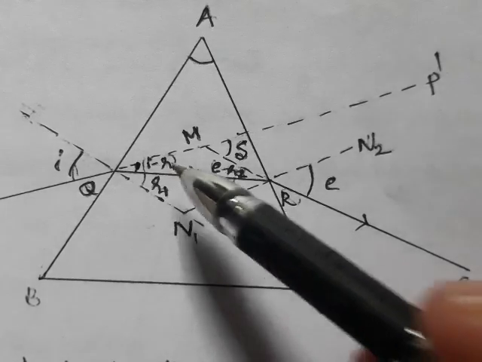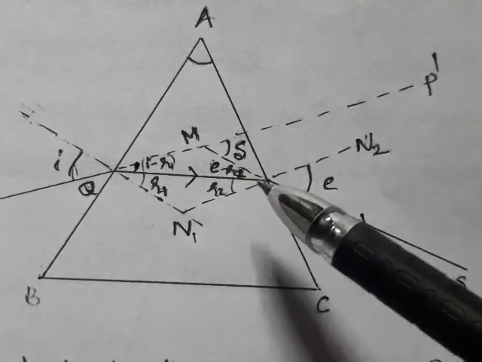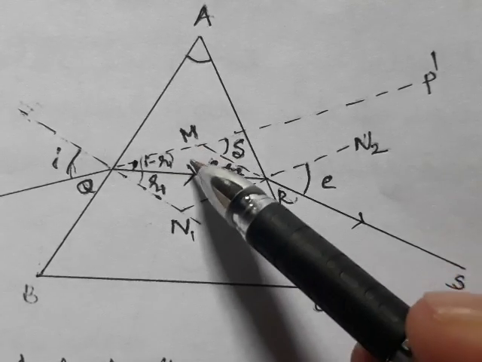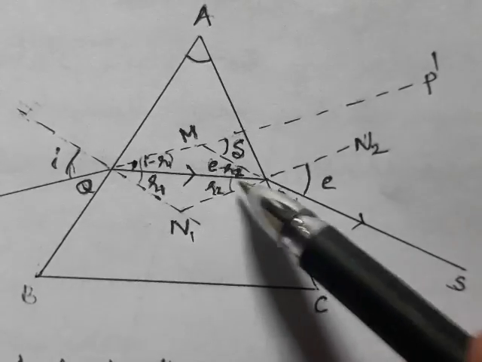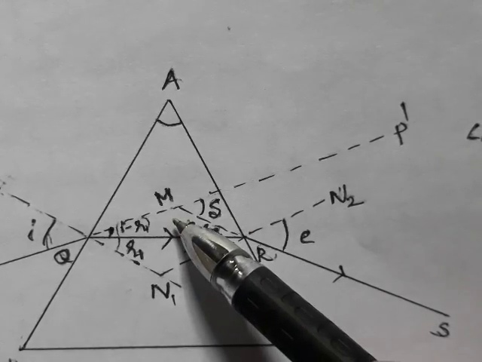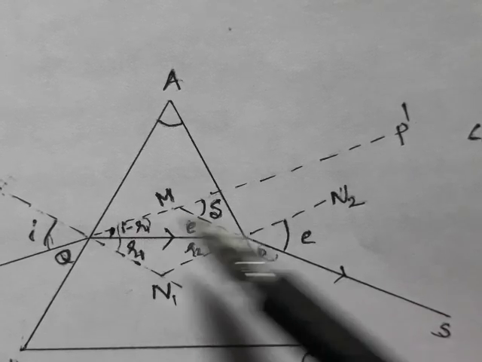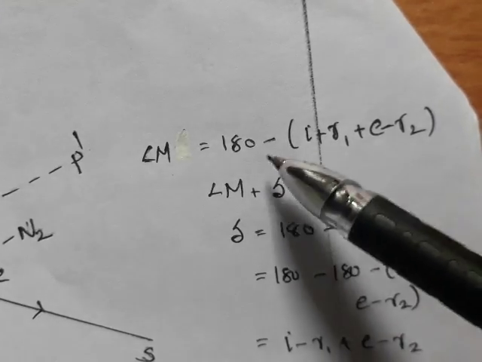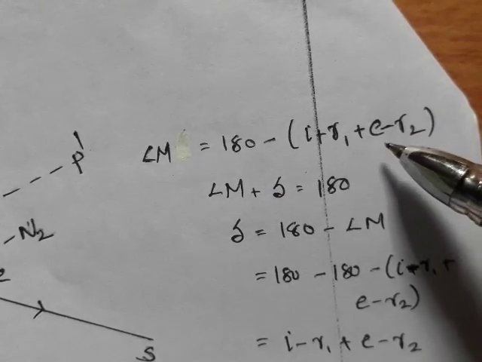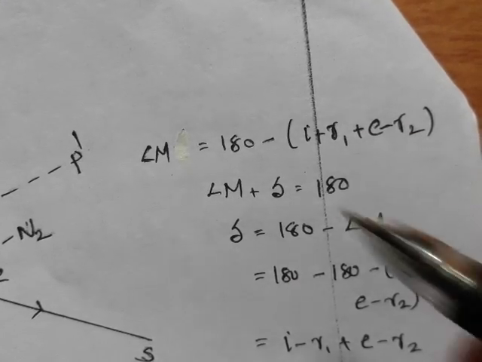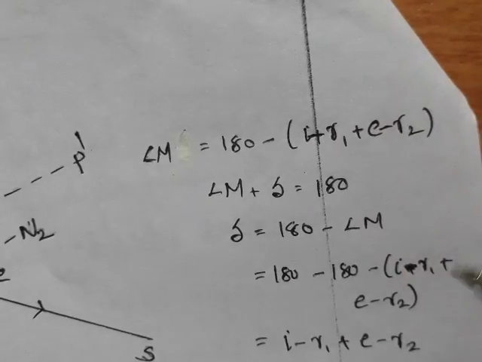This is I minus R1, this is E minus R2. If I add I minus R1, E minus R2 and this angle M, I should get 180 because it's a triangle. So angle M is 180 minus (I minus R1 plus E minus R2).